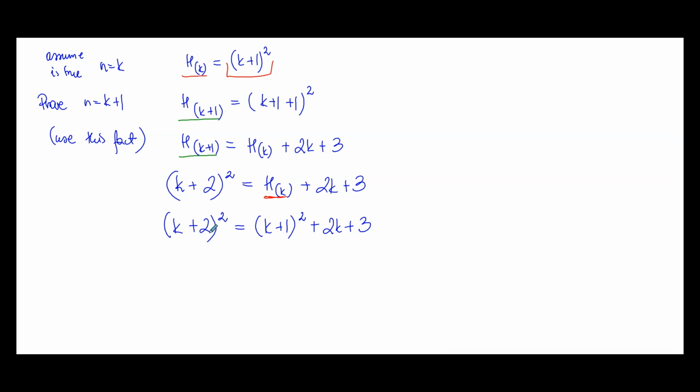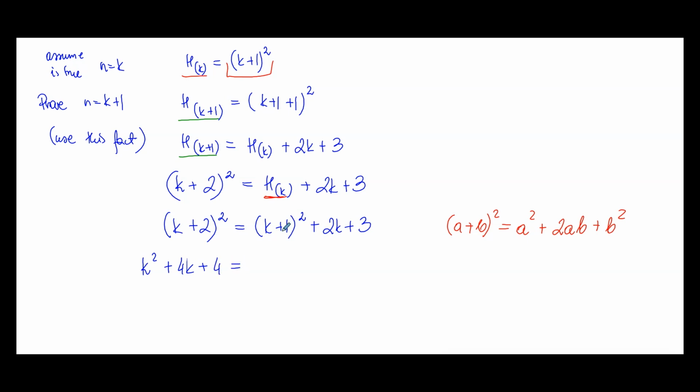On this side of the equation, I have two values in brackets taken to the power of 2, and that equals the first number to the power of 2, plus 2 multiplied by the first number multiplied by the second number, plus the second number to the power of 2. So that means k to the power of 2 plus 2 by 2, 4k, plus 2 to the power of 2, that is 4.